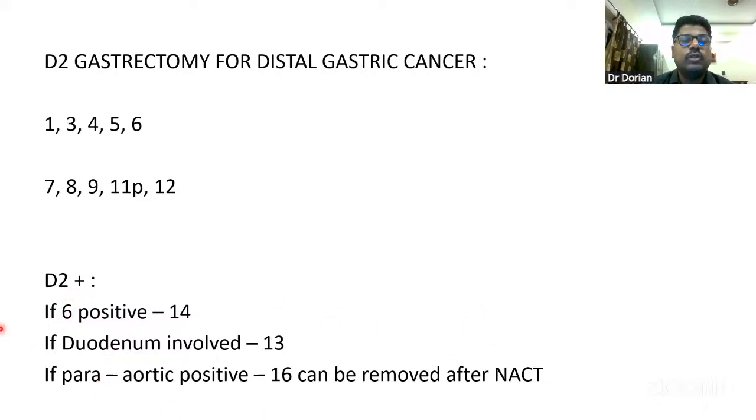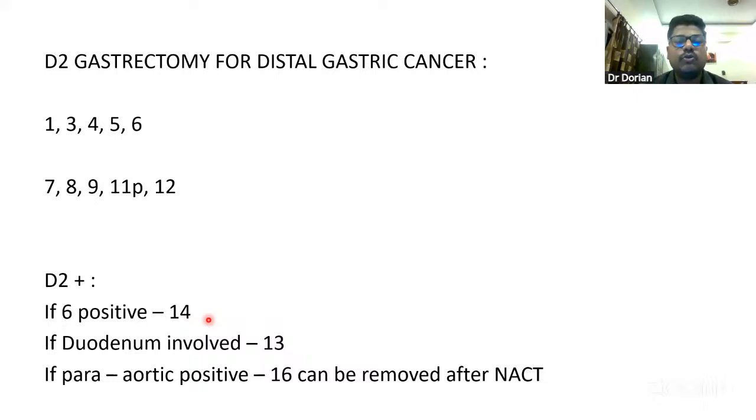You should know that if station 6 is positive, that is subpyloric station, or significant, you remove station 14 also, which is the nodes along the superior mesenteric vessels. Sometimes these are also called root of mesentery nodes. They may give the option like that also.